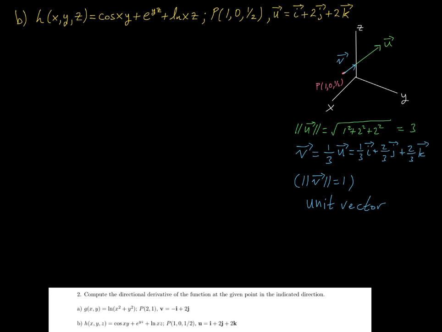So the next thing we'll compute is the gradient of our function. For a function of 3 variables, we'll now have a vector with an i, a j, and a k component, and these will just be the partial derivatives as such. Oop, that's not a z up there. We want an h.